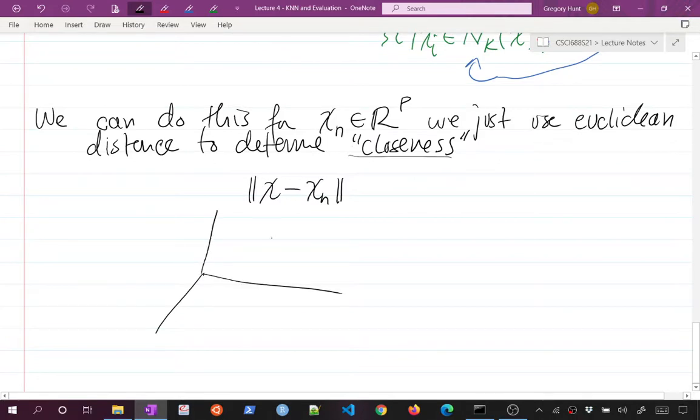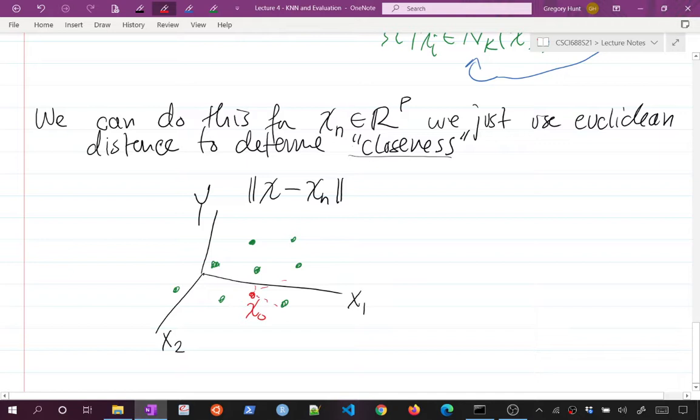So you can try to draw a picture here. This gets a bit tough because you have to draw a three-dimensional picture on a two-dimensional page. But maybe this is my plane, x1 and x2 against y, and I would have some training points in this space. Then if I had some point x naught I want to predict at, I would look at the Euclidean distance in the x space.